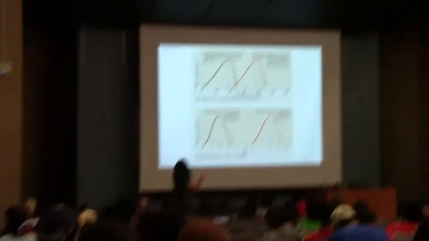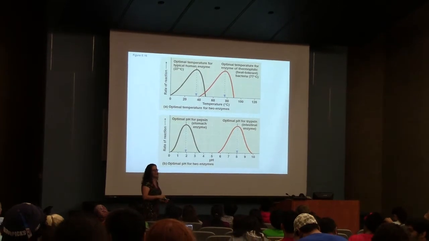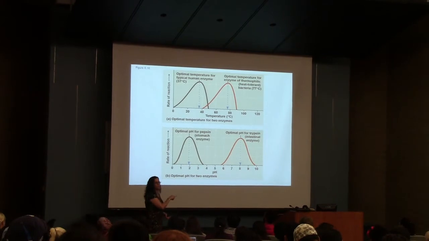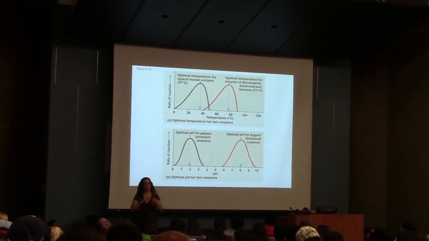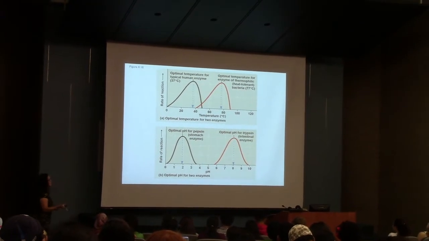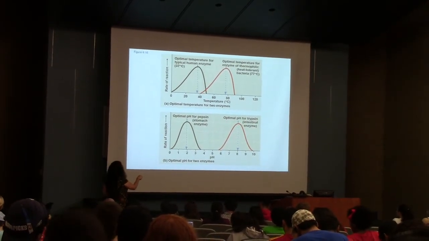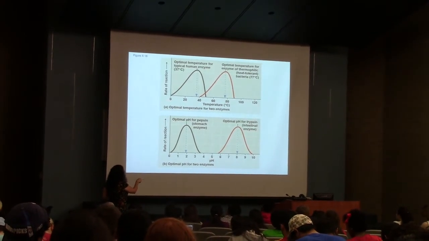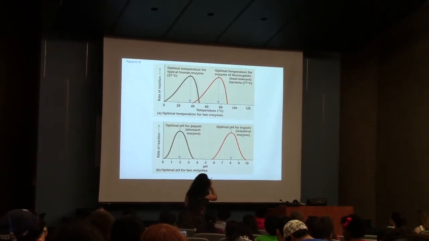So if you have a fever and you're at 40 centigrade in your body, most of your enzymes are going to start to have a problem because any temperature above that will start killing them. Will start unraveling, denaturing those proteins. So that's why we take care of fevers right away. And any temperature below 37, the enzyme would work, but less efficiently until, of course, you reach 0, it doesn't work, 0 centigrade.